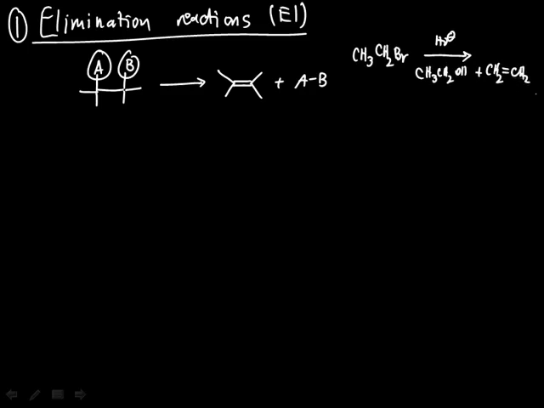And in these cases, this equilibrium can be shifted by the choice of reaction conditions. But there are some examples, such as this reaction of t-butyl bromide, where almost invariably we get the mixture of elimination and substitution reaction.